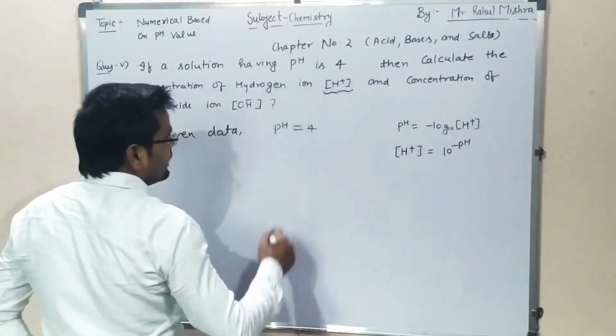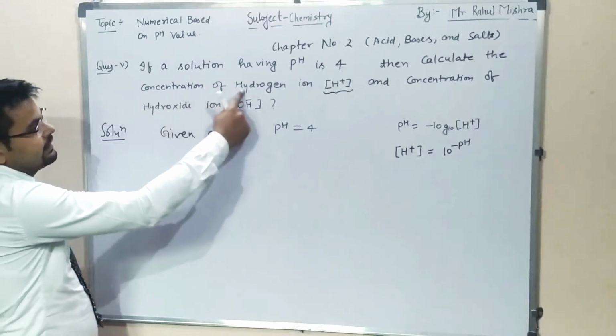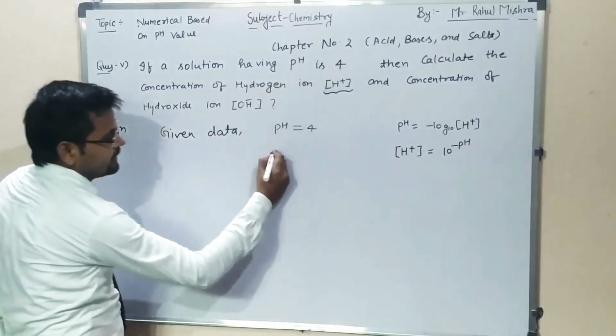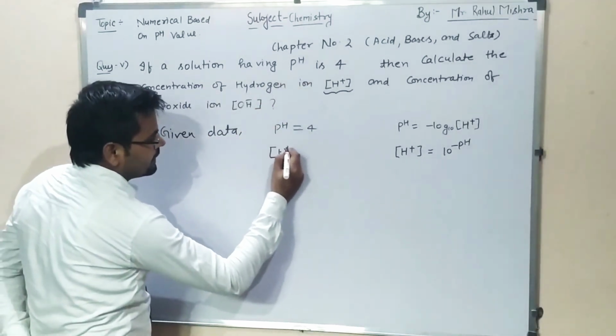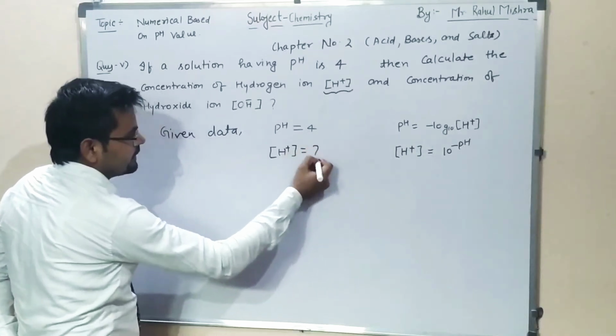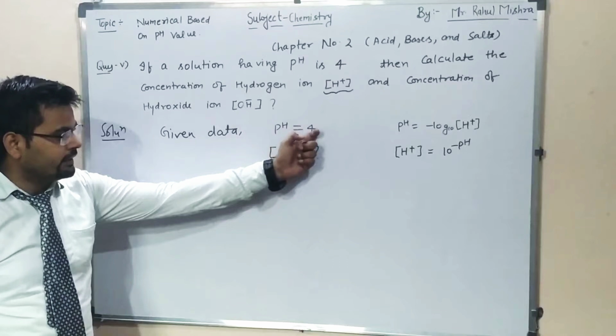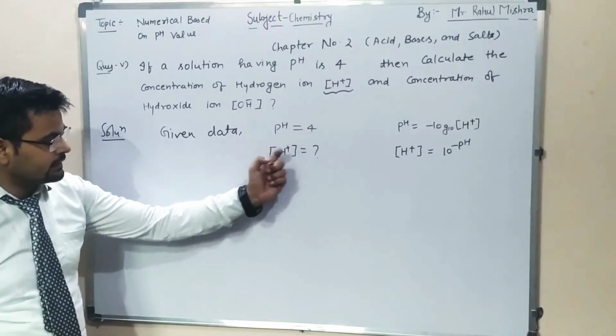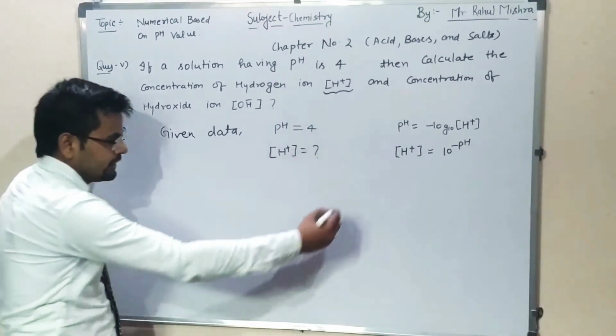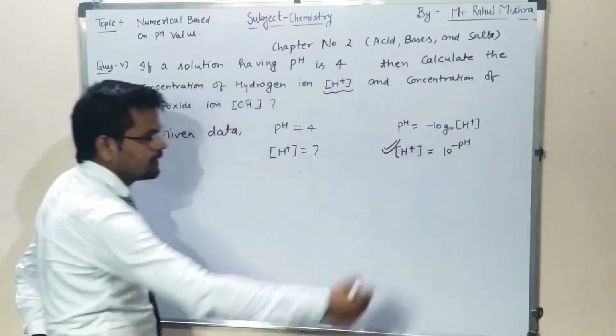So listen, you have to calculate the concentration of hydrogen ion. It means you have to find the value of concentration of hydrogen ion. pH is given, and we have to find the H ion concentration. So listen, we will use this formula.